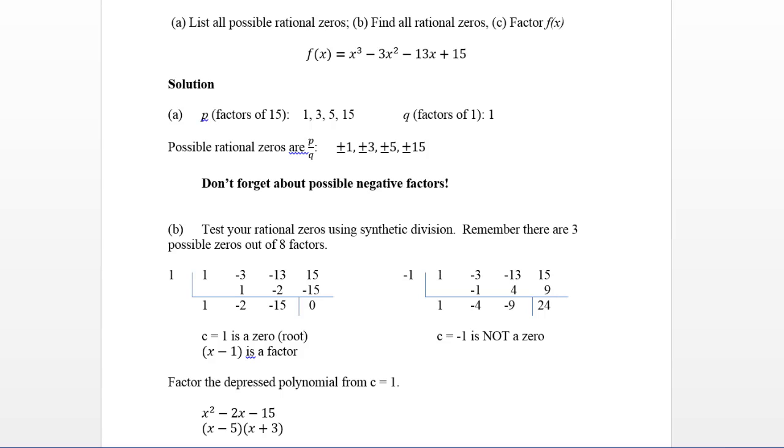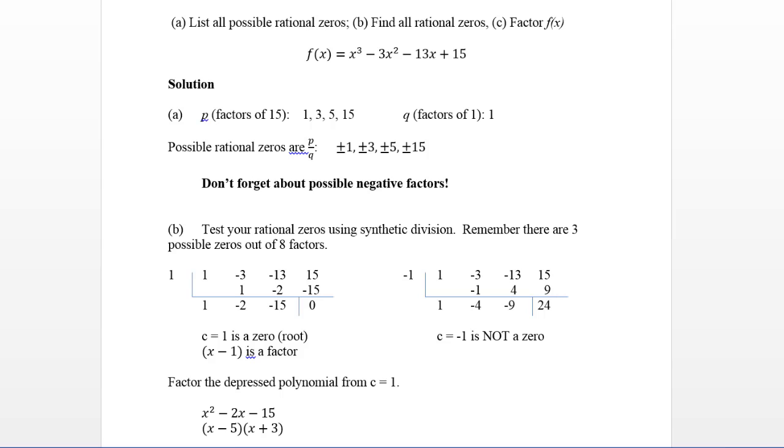Part B says to go ahead and find all the rational zeros. Generally speaking, you want to start off with some of the easier ones. A 1 or a negative 1 is a good starting place. So in part B, we've started to test possible rational zeros to see if each is a factor, based off of our factor theorem.